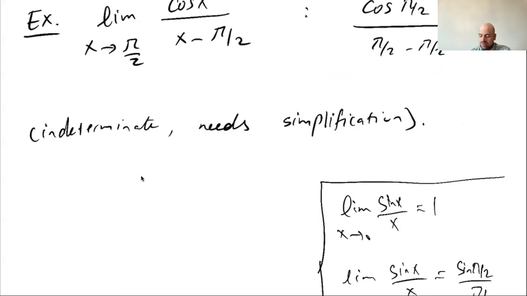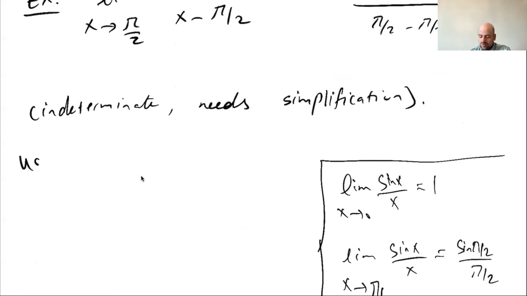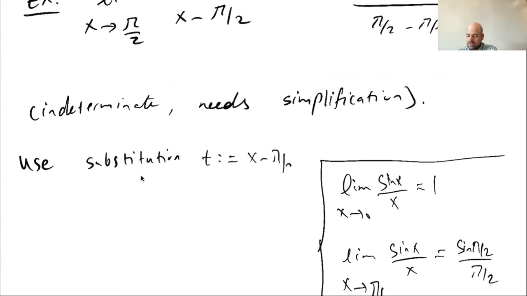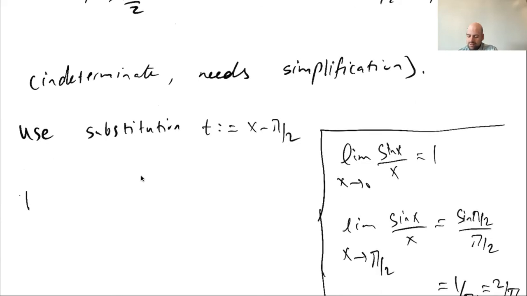We can use substitution. Let's say t equals x minus pi half. Then as x approaches pi half, t will approach 0, right?